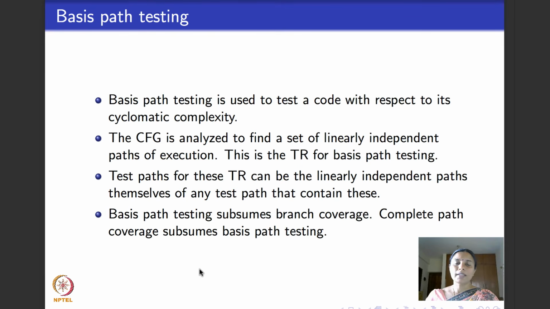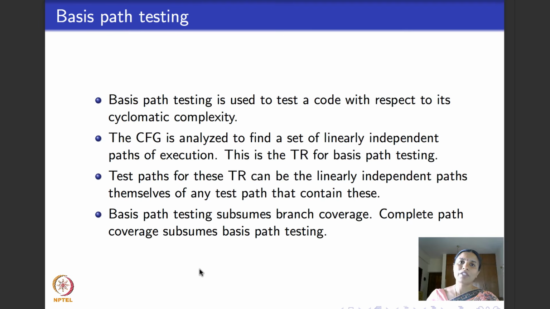So now let's look at basis path testing. As I told you, basis path testing tests the cyclomatic complexity of a piece of software. What it basically does is enumerate all the linearly independent paths in the graph, or in our terms, enumerate all the prime paths in the graph. And for each such path, this is your TR, your test requirement.